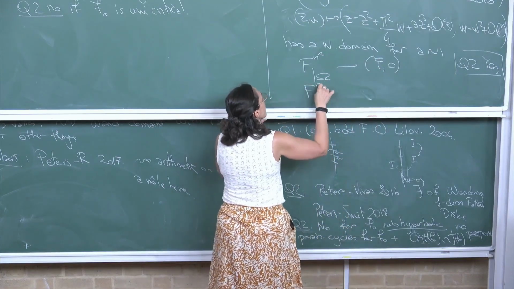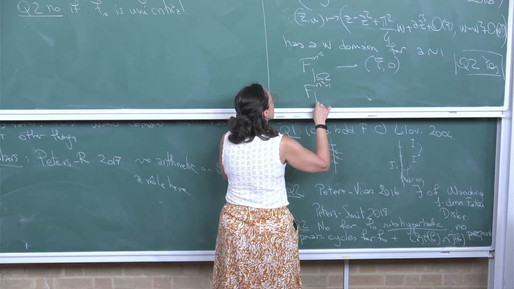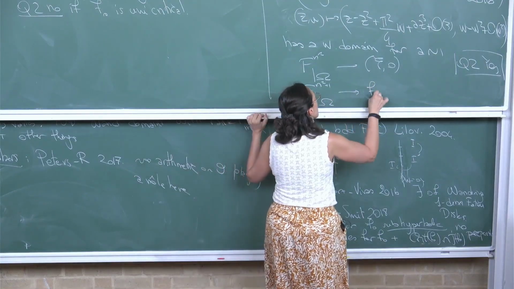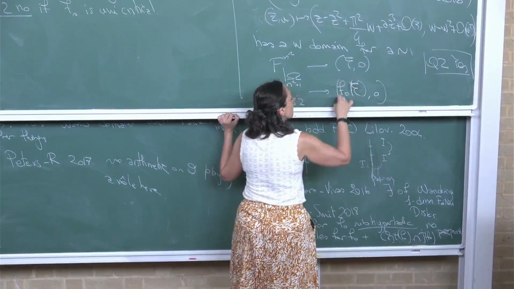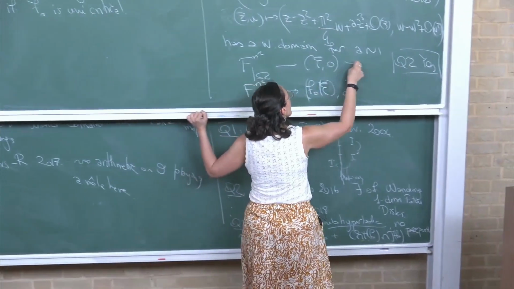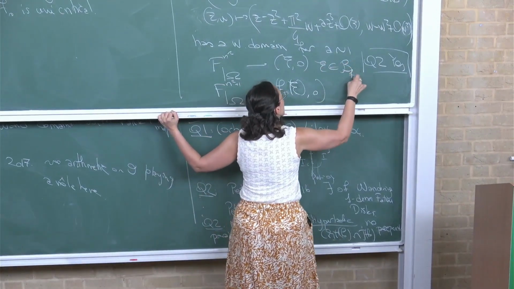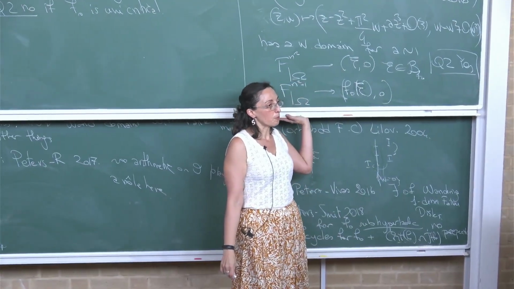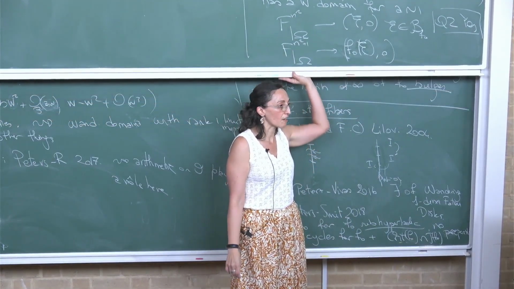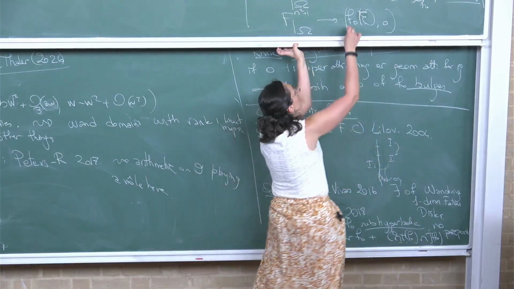And f^(n squared plus 1) restricted to omega is going to converge to f0 of psi 0. But this is in the parabolic basin of f0, and you know that you have no other periodic point than 0 itself there. So these have to be different.